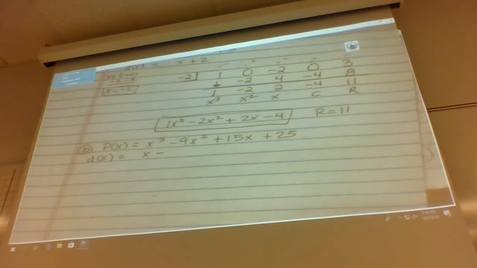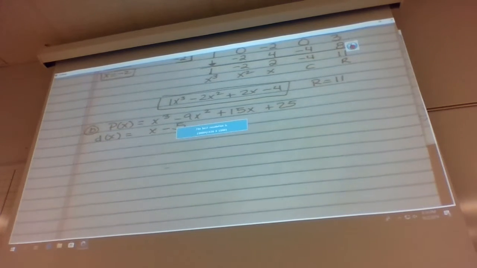Let's see if you can put the right numbers where they belong. What number goes outside? Am I missing a variable? No, so you don't have to worry about putting zeros because you have x cubed, x squared, x, and your constant. Use synthetic.